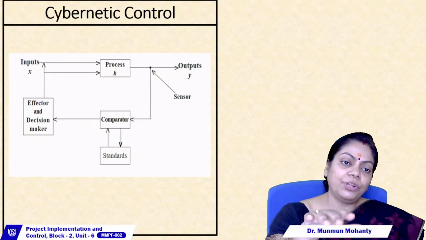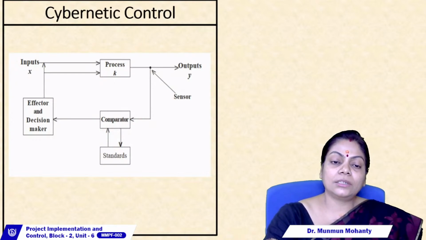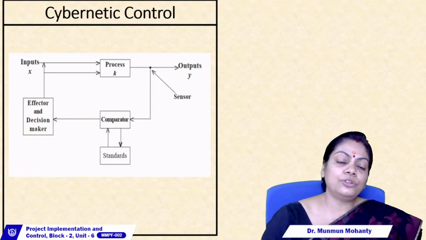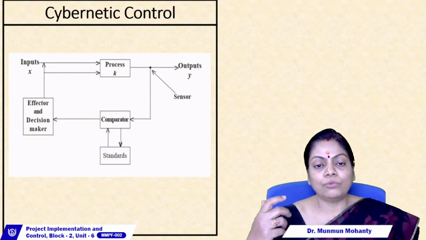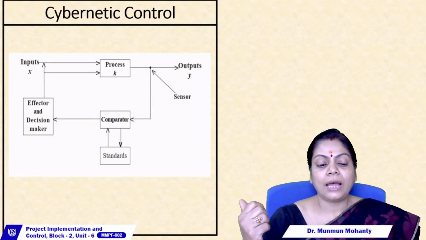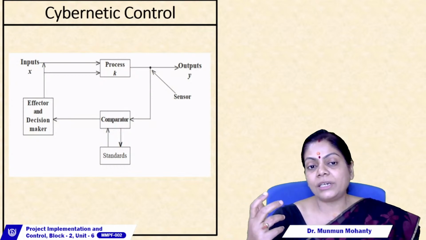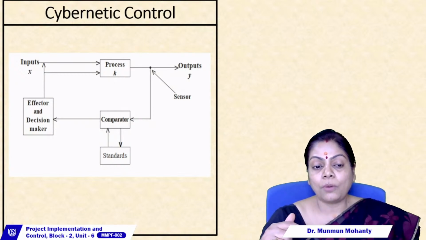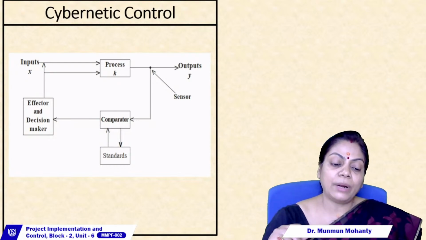This monitoring of the output is done through a sensor, which measures one or more aspects of the output. These measurements are then sent to the comparator, and the comparator compares them with a set of predetermined standards.